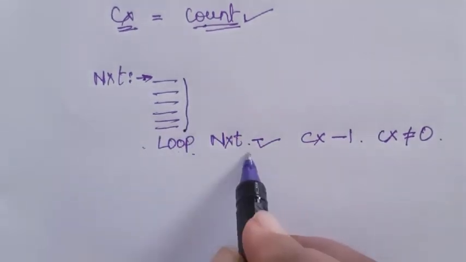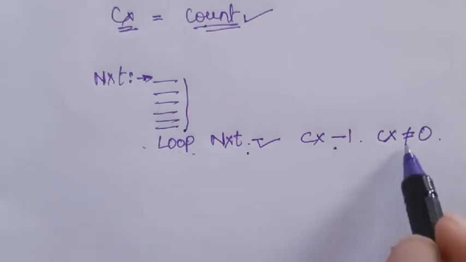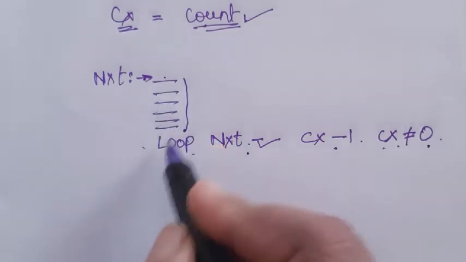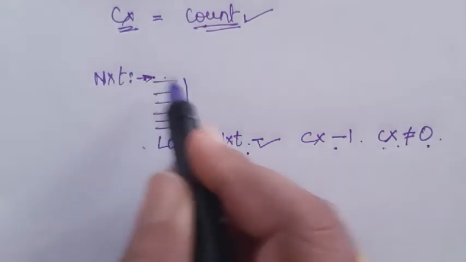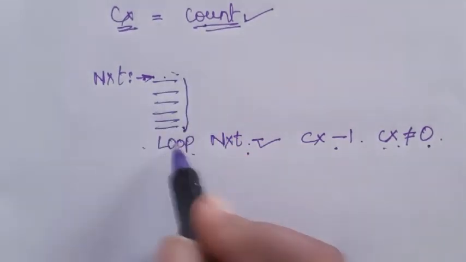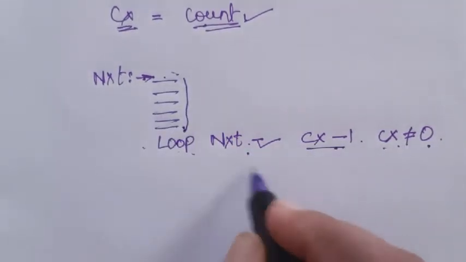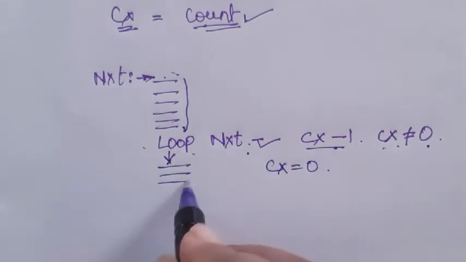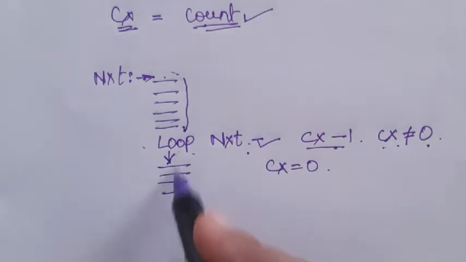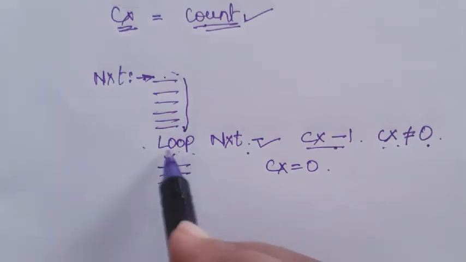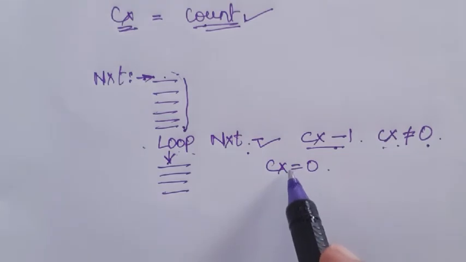Again CX is decremented by 1, and we see whether it is 0 or not. If not 0, the execution is transferred again. This is repeated until CX becomes 0. When CX is equal to 0, it comes out of the loop and executes the instructions after the loop instruction. This is how the loop instruction works.